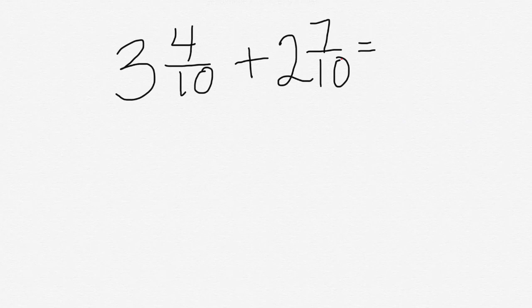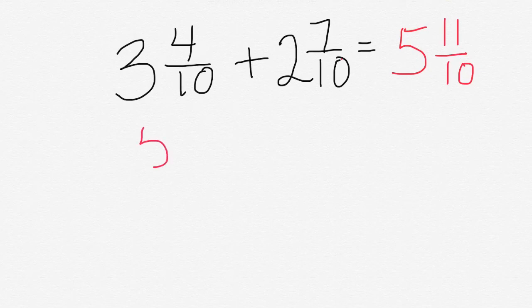One last example I want to go over is if you have a fraction that becomes an improper fraction, how to handle that. So let's look at 3 and 4/10 plus 2 and 7/10. If I were to calculate that, I would get 5 and 11/10. Now the 11/10 is an improper fraction, so you can't leave the answer like this.